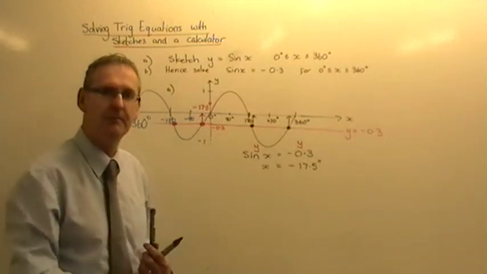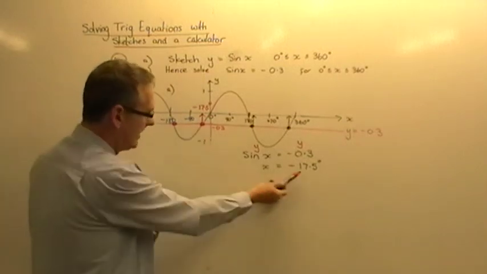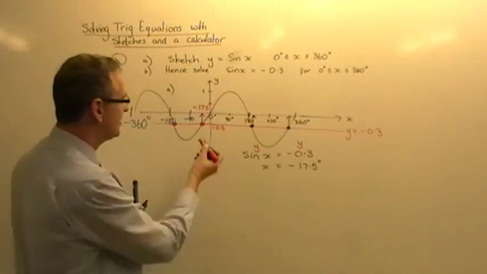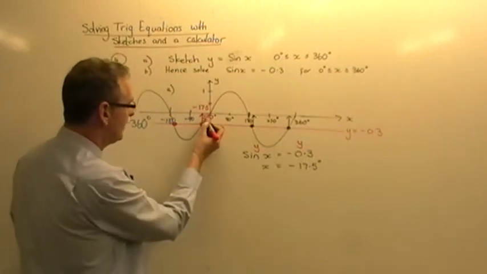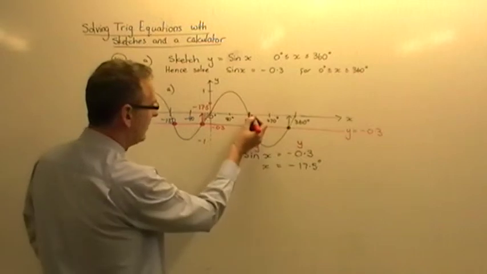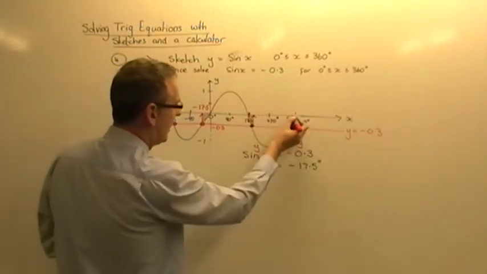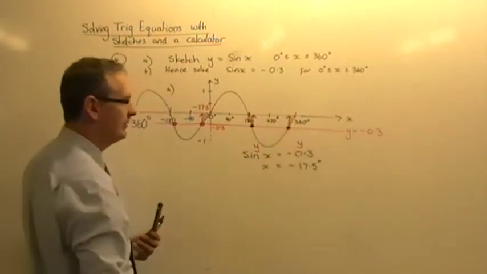We now, based on that negative angle the calculator has given, use the symmetry of this situation. I'm just shading in this region there. That's the same as that region there, and the same as that region there from symmetry.